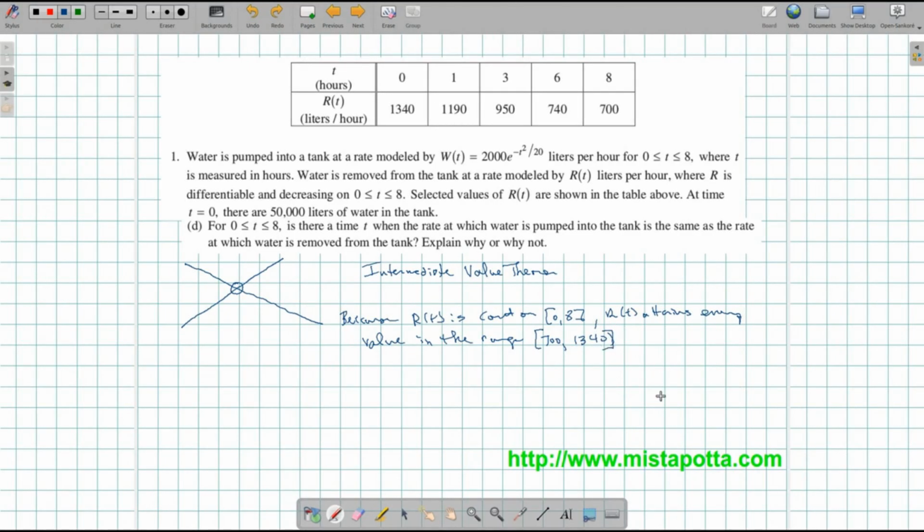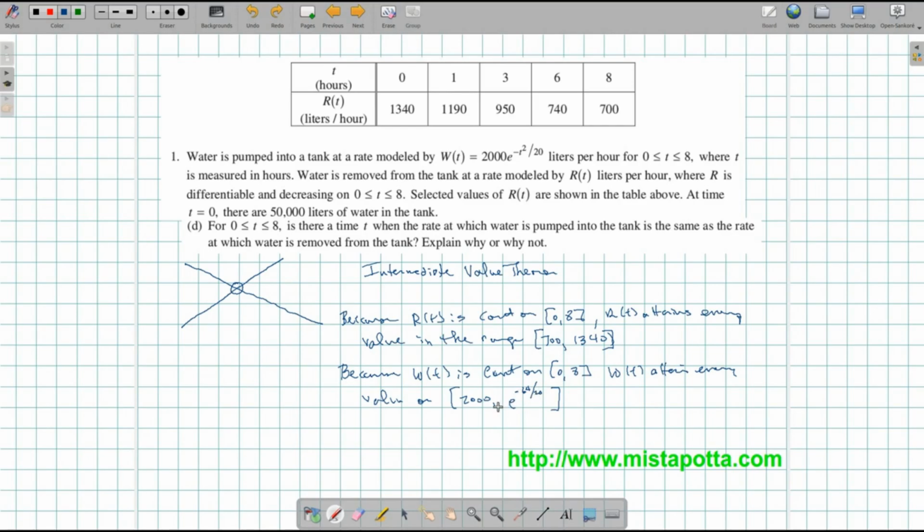And similarly, because w of t is continuous on the domain 0 to 8, w of t attains every value from 2000 to whatever 2000 e to the negative 64 over 20 is, which is going to be something very close to 2000 e cubed.